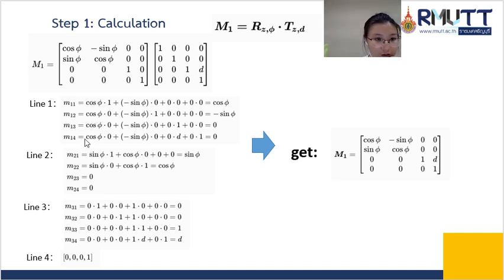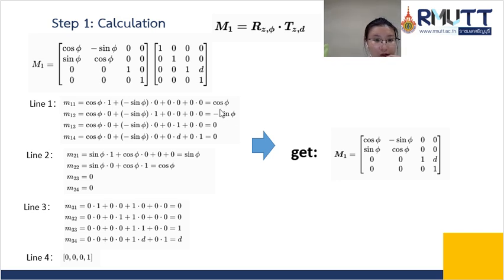M14 equals cosine phi times 0 plus negative sine phi times 0 plus 0 times d plus 0 times 1 equals 0.